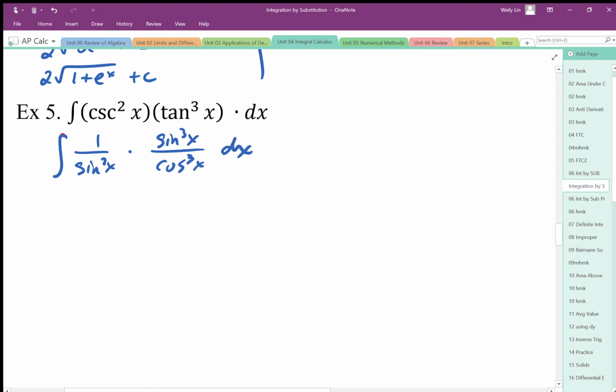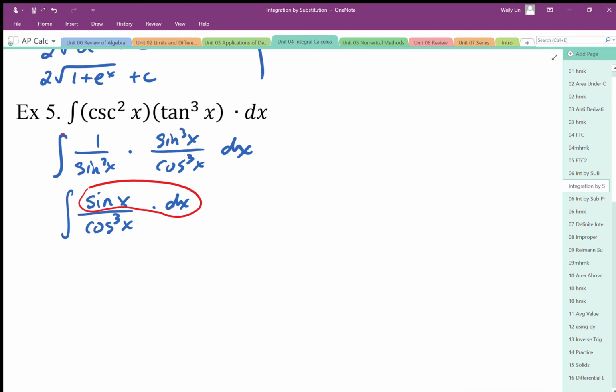Now, if I simplify this expression, what ends up being nice is that on the outside, I have a sine x dx. And this sine x dx, we know, can be expressed as a derivative of that inside cosine function.